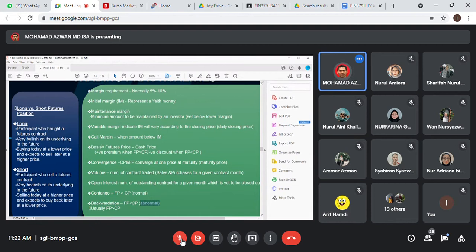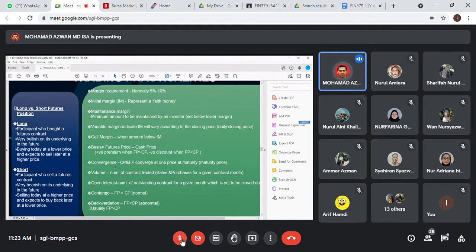Okay, what about if the futures price is equal to cash price? What is the term? What if the futures price is equal to cash price? Maksudnya zero basis. Maksudnya tak ada basis lah. No basis risk. Where futures price is equal to cash price. Okay, what is the term?